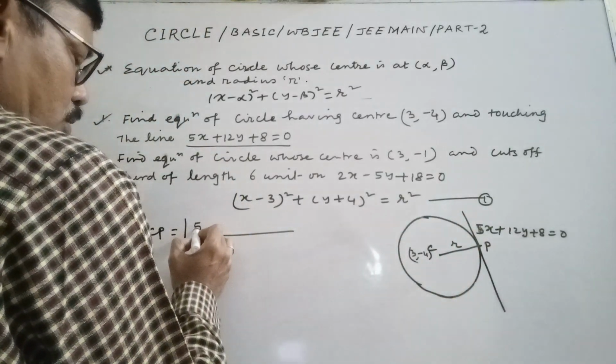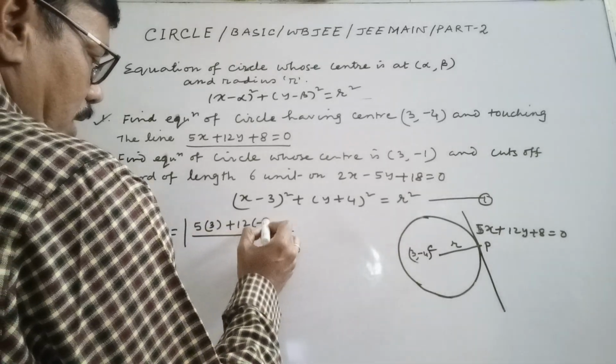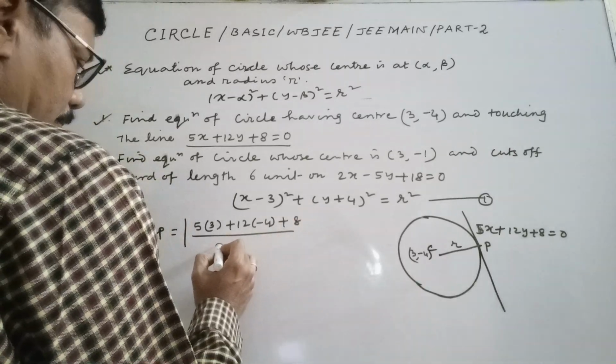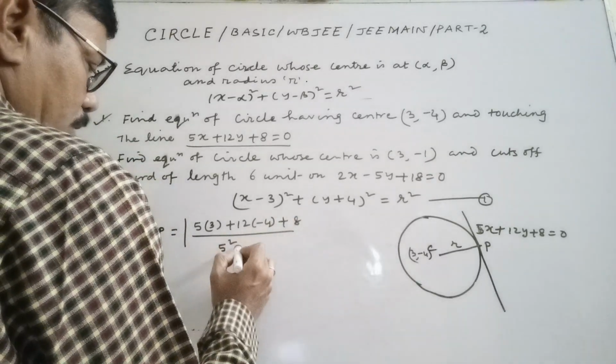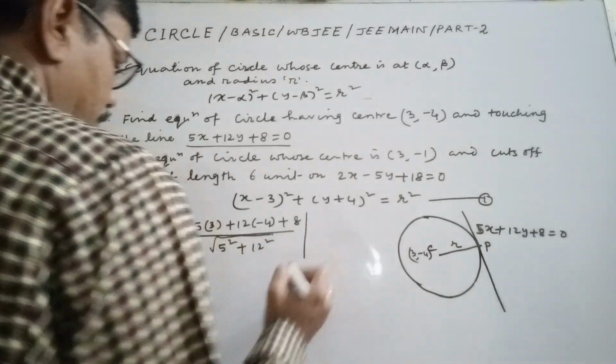So 5 into 3, that is Ax1, 12 into minus 4, constant unchanged, by square root of coefficient of x whole square plus coefficient of y whole square.